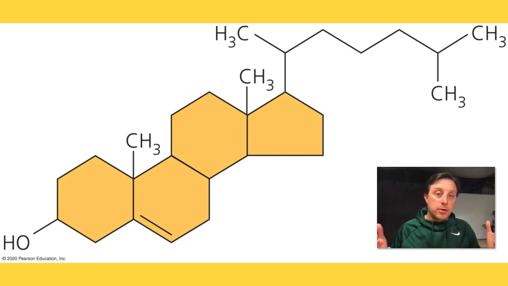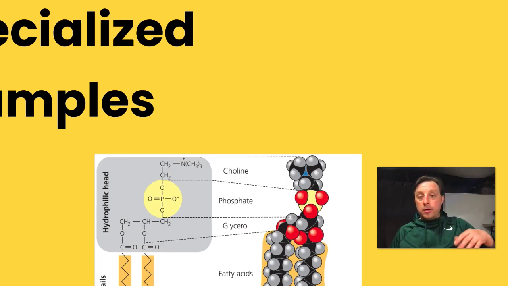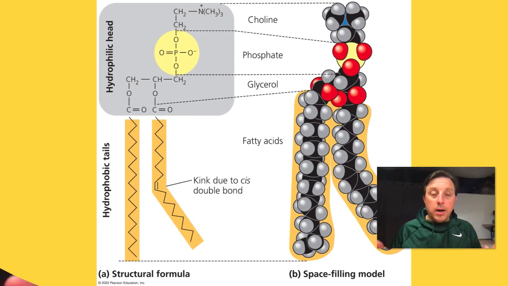There's a little bit of cholesterol in there, and a lot of hormones are also based on cholesterol. Another specialized example of lipids are the phospholipids that are found in cell membranes. We will talk much more about these in the membrane review, which I believe is part of Unit 2. So I'm just going to show these right now, and we'll get into those in the Unit 2 review.